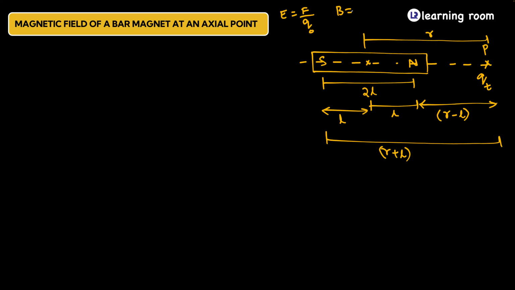It stands for electrostatic force divided by the test charge. So what about the magnetic force? It will be magnetic force divided by the pole strength. So all that we need to do is first define the force using the Coulomb's law between these two poles and these two poles, and apply this formula so that you will get the magnetic field. Okay, now listen to this.